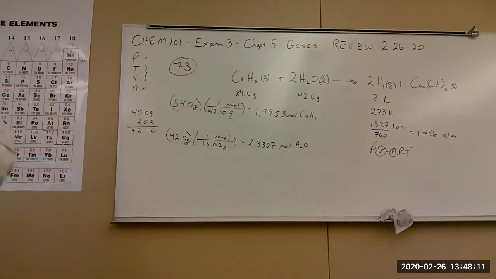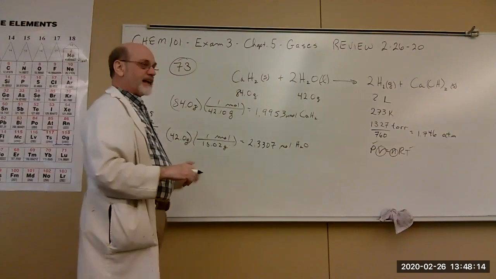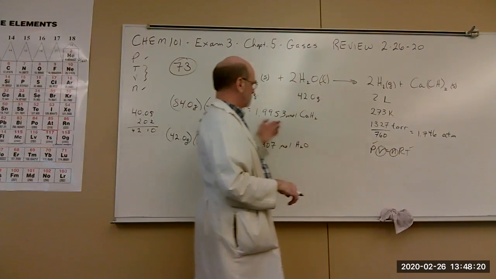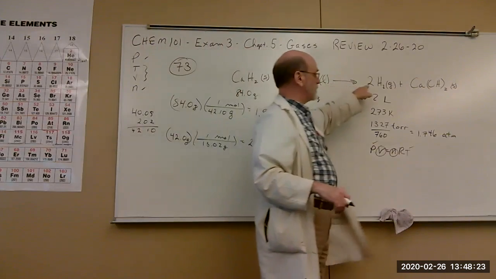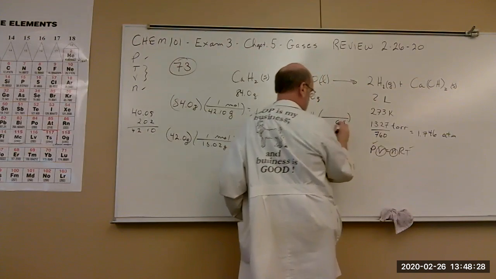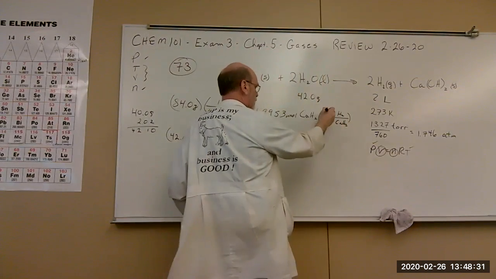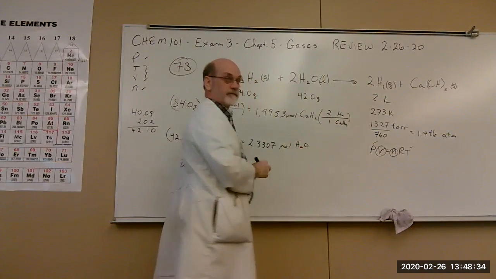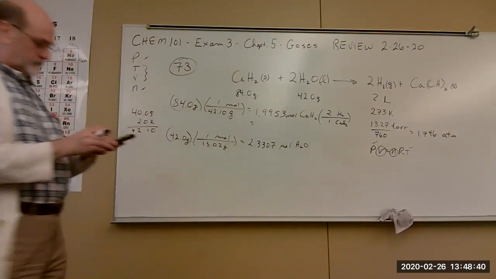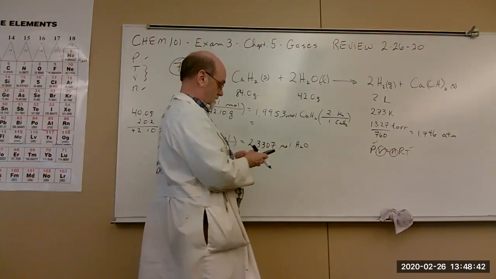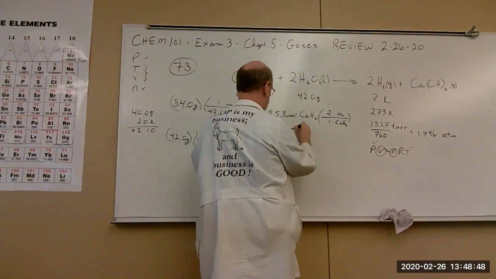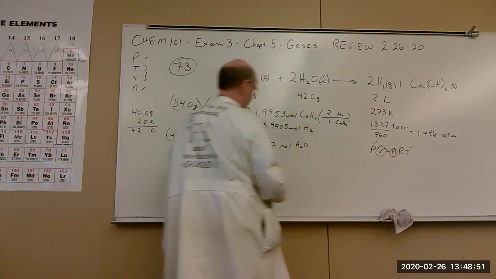Now, what do we do? Well, to find out the limiting one, you say, what if all of this is converted to hydrogen? So you make the conversion. There's a 1-to-2 ratio. The coefficient there is 1, there's 2. So we actually have 2 times that. So we get 3.9905 moles of hydrogen. Okay.